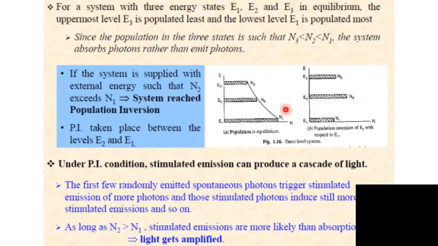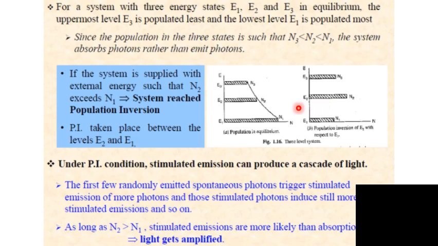So whenever a new photon comes up, this will cause stimulated emission instead of absorption. And because of stimulated emission, we will get laser. So now we are happy because we have got the laser, and this was only possible by population inversion.